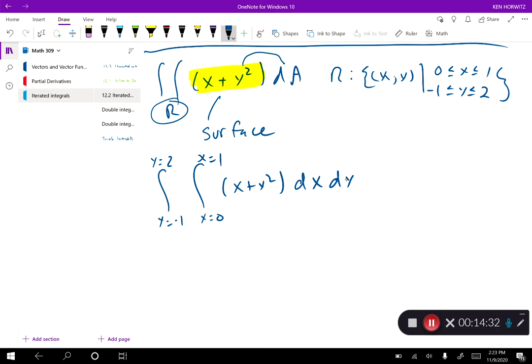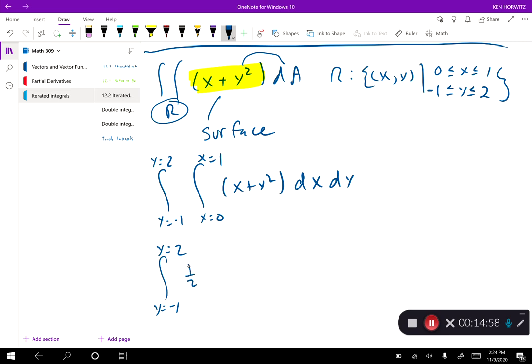So why don't you pause the video now and do that first integral, and then we'll check our work. All right, so when we do our first integral, let me rewrite. By integrating with respect to x, I raise it by 1 and divide by the new exponent.